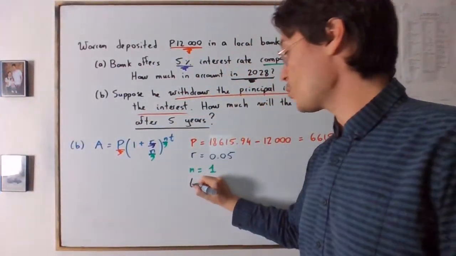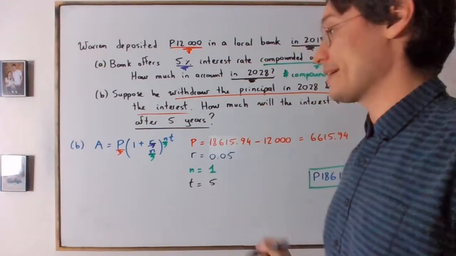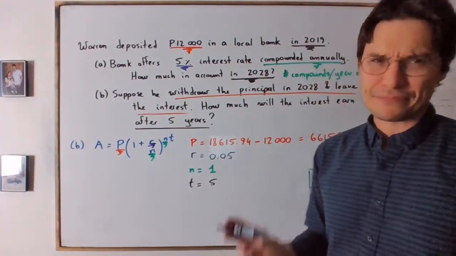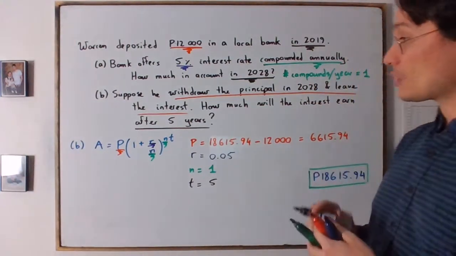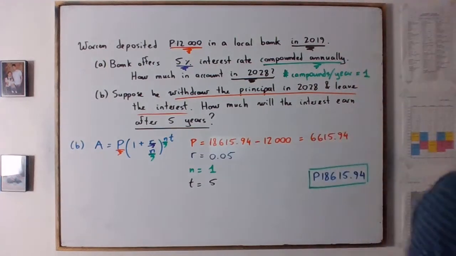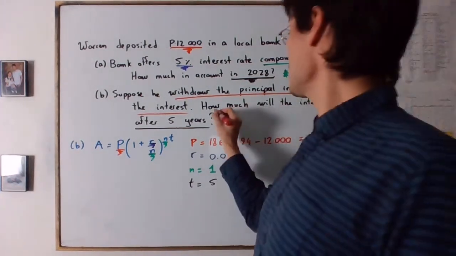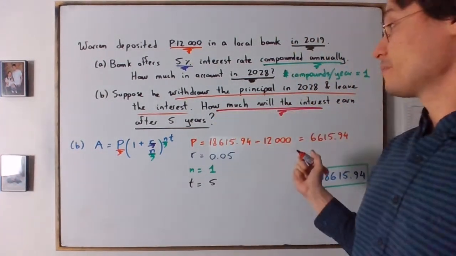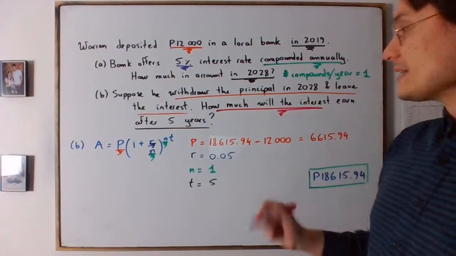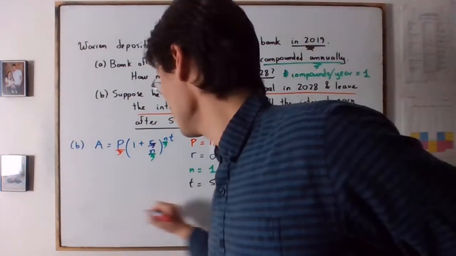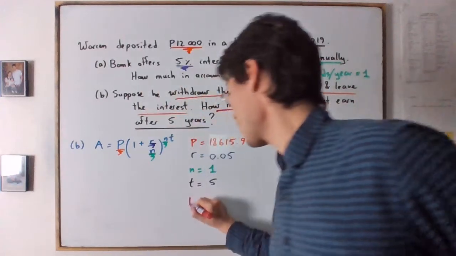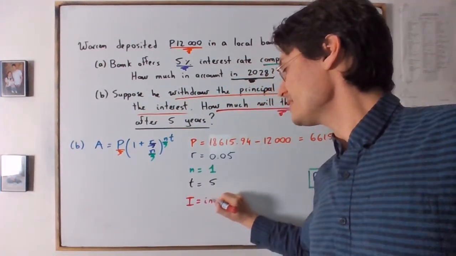They give you what T is. T is equal to 5. Now be careful of the question, because you have to read how much will the interest earn. So let's call a new variable I to be the interest.